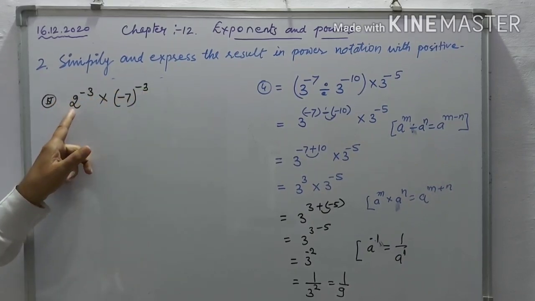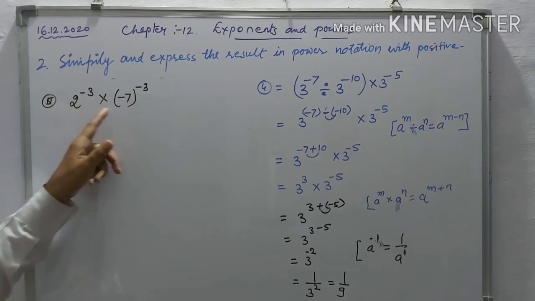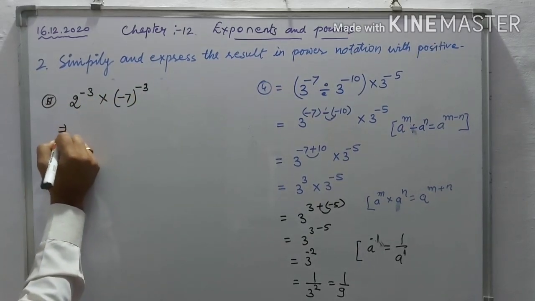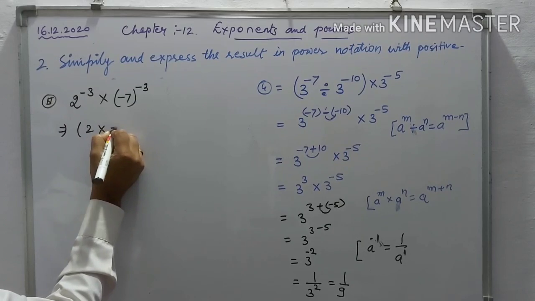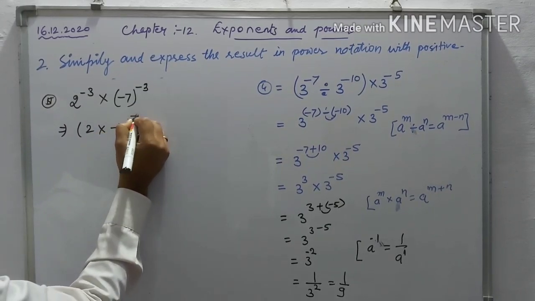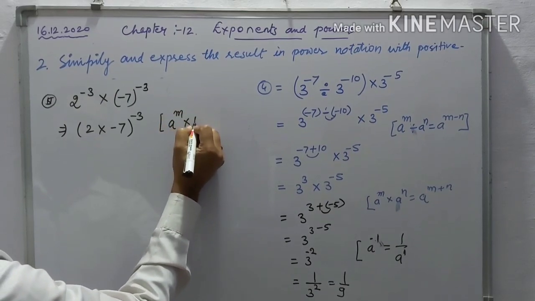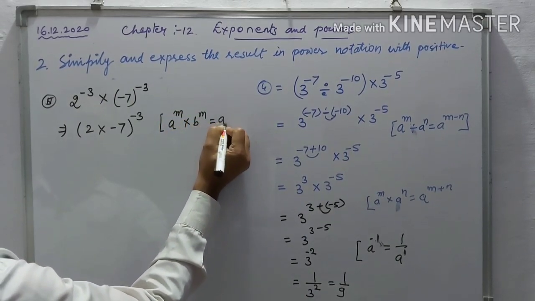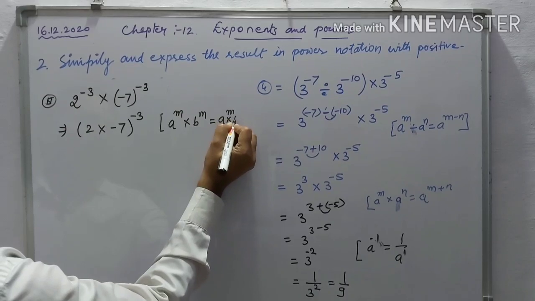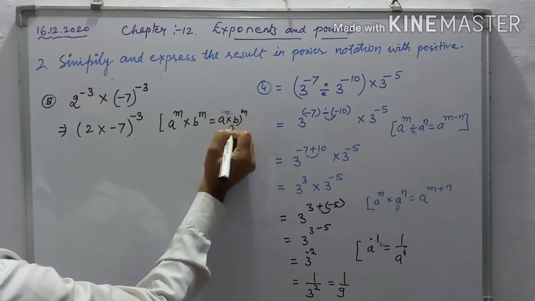The powers are the same, but the bases are not the same. So you write 2 into minus 7 power of 3, because a^m into b^m is equal to (a into b)^m.